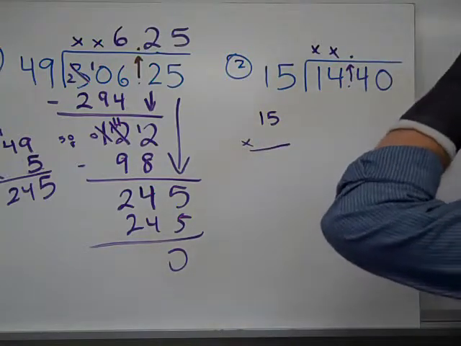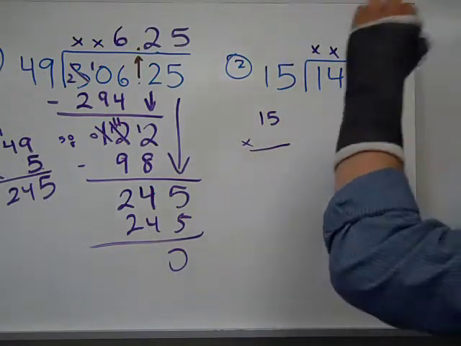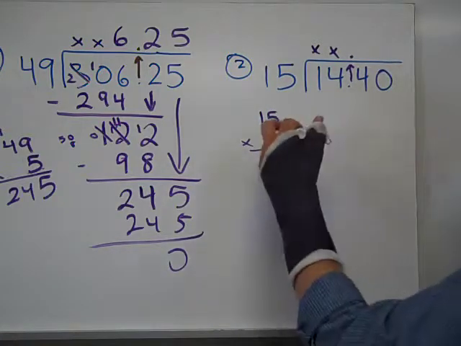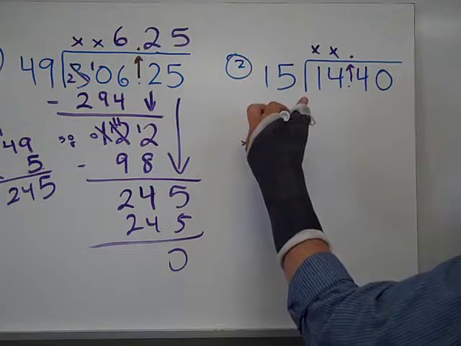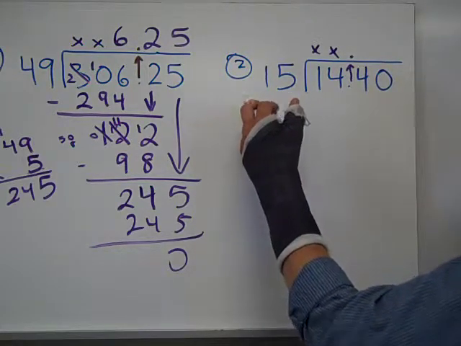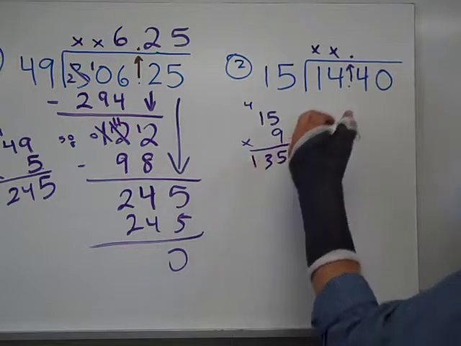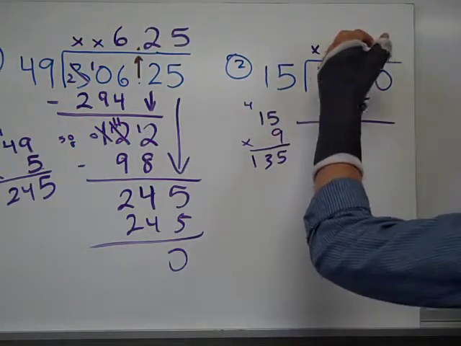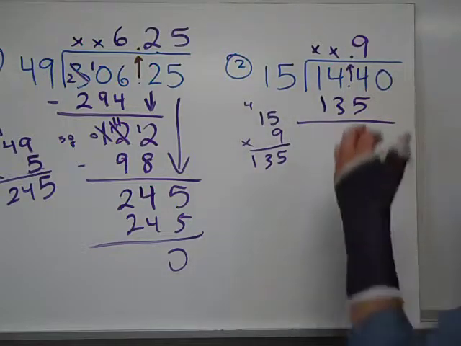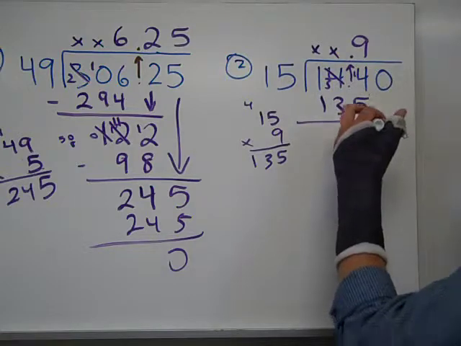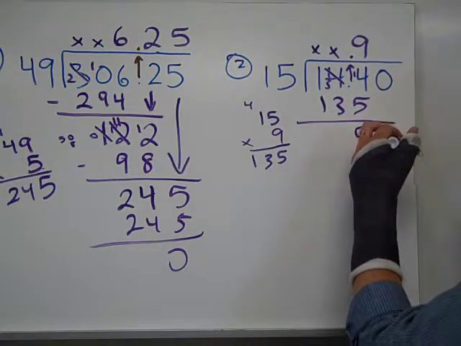Let's go big, 9. 9 times 5, 45. 9 plus 4, 13. Subtract. We're going to get 9, 0.